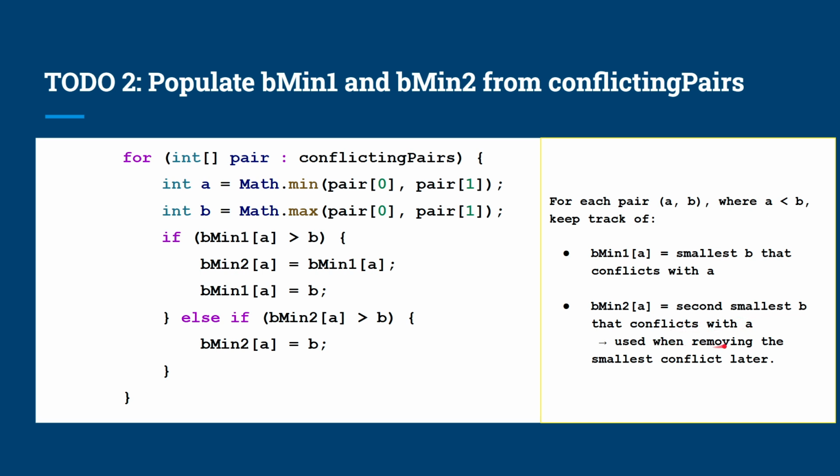Which is used for removing the smallest conflict later. So we have a and b, and a should be less than b, and then we'll keep track of this b min 1 and this b min 2, so our smallest and second smallest, can we say that?